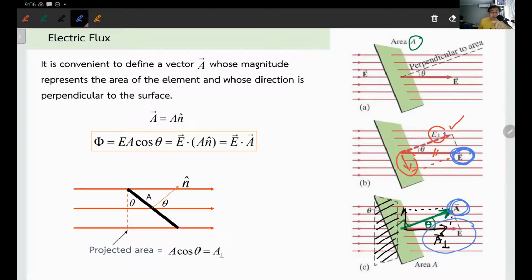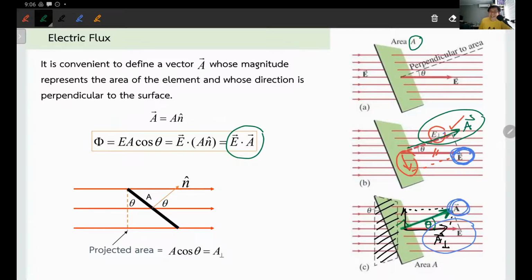Is it the E and the A in the same direction as E, or if I overlay the A vector up here, is it the component of the E that points in the same direction as A, or the component of A that points in the same direction as E? Whenever we have two vectors and we want to take the product between them, but only grab the components that are pointing in the same direction and multiply, then we do the dot product.